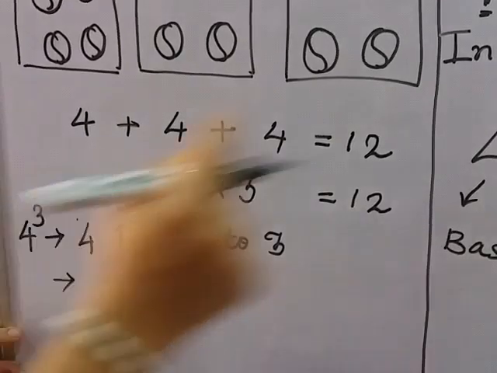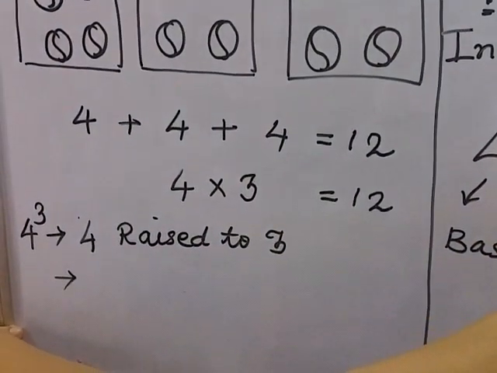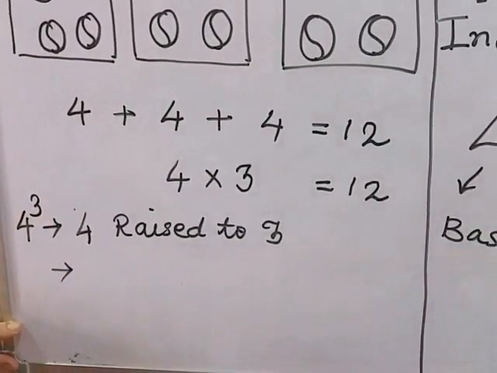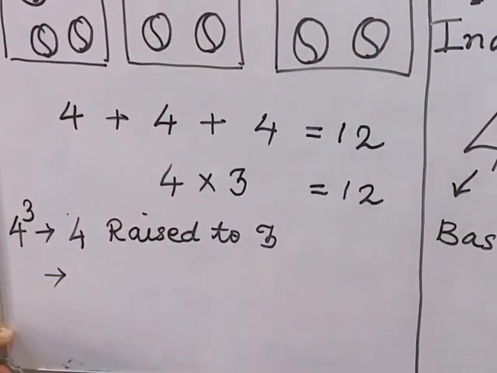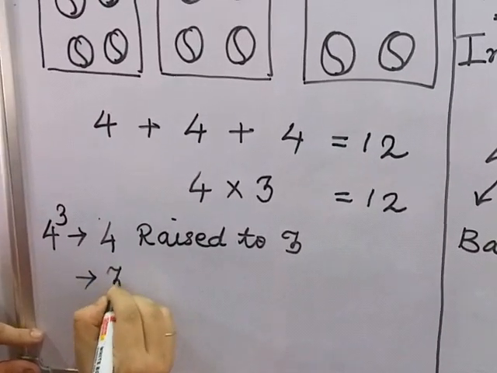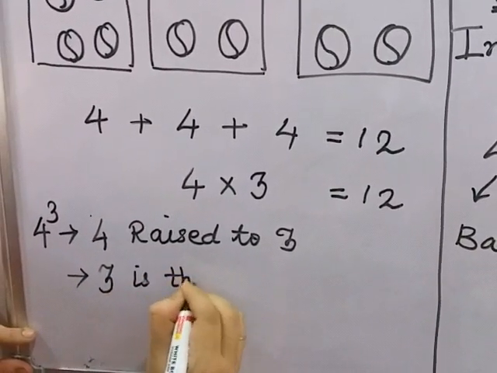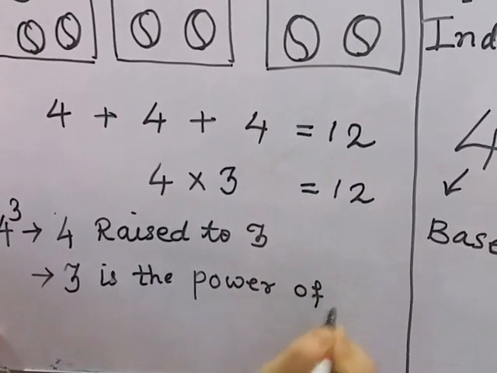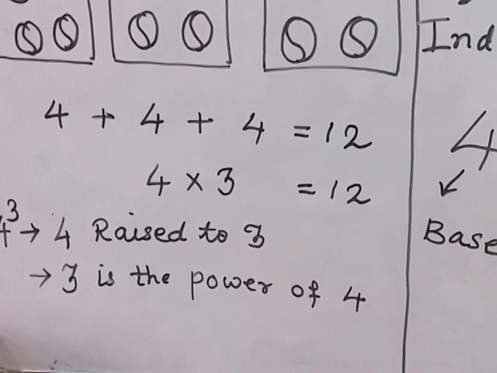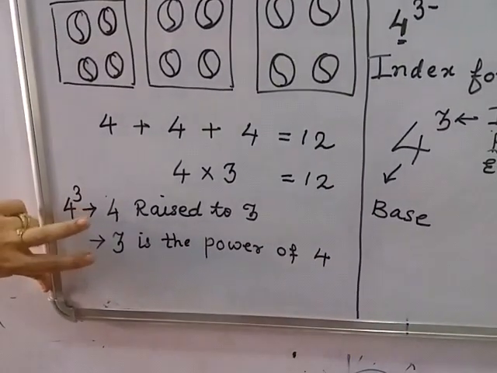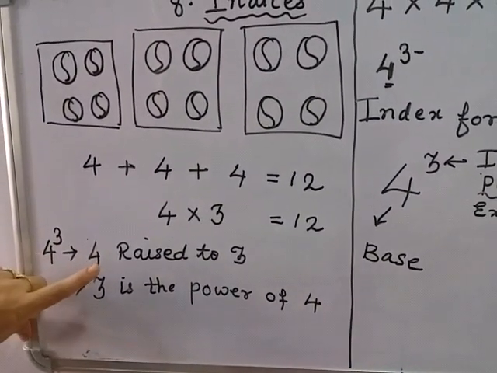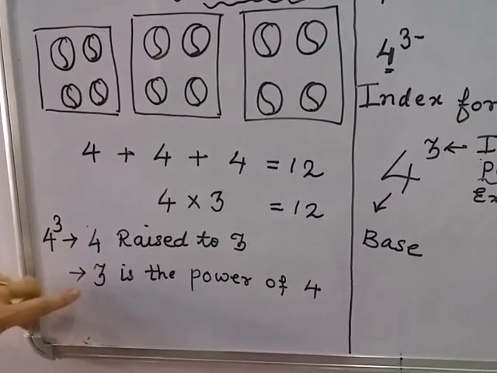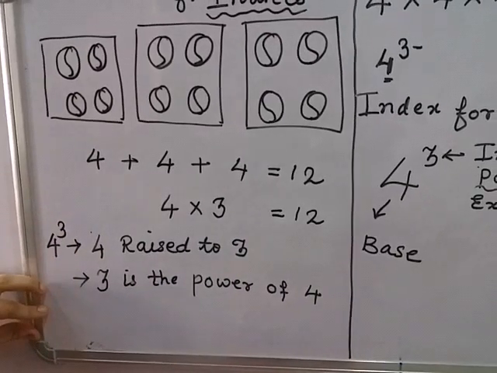What I told you just now, 3 is called index, it is also called power, it is also called exponent. So let's take this word, power. By taking this word, there is one more way to read the number, and what is that? 3 is the power of 4. Okay students, so you can read the number both ways. Mostly we are going to follow the first way, but you can even read it the other way, that 3 is the power of 4.